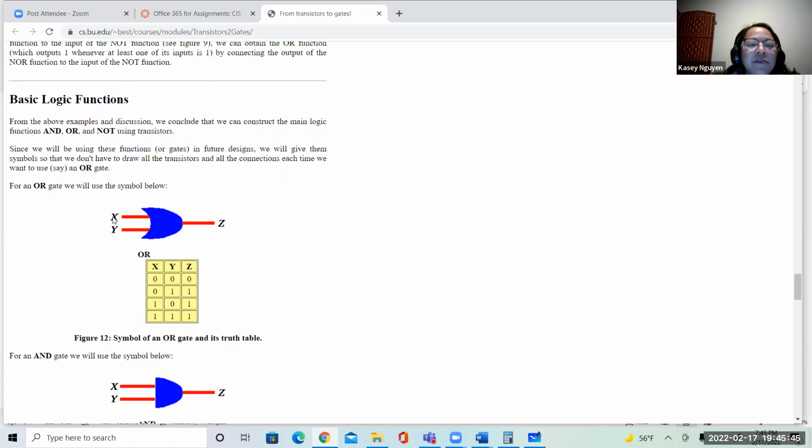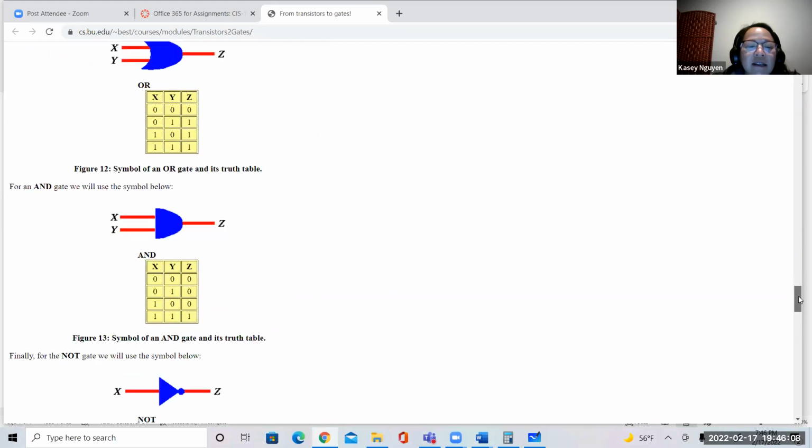So you have two inputs, X and Y, and you have an output, whether it's 0 and 0, 0 and 1. The OR gate structure looks like an arrow. That's how we would draw it. And then the AND, the shape of that looks like a D, but it also requires two inputs, and it's going to have one output.